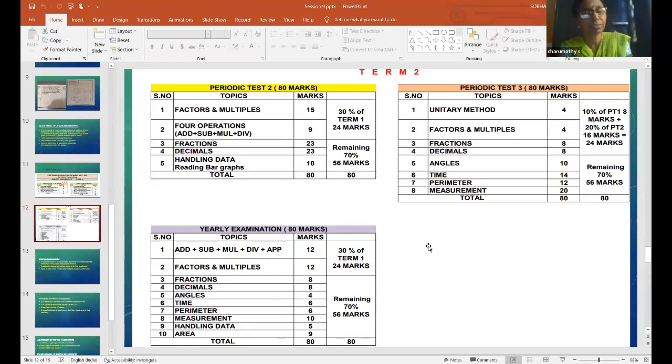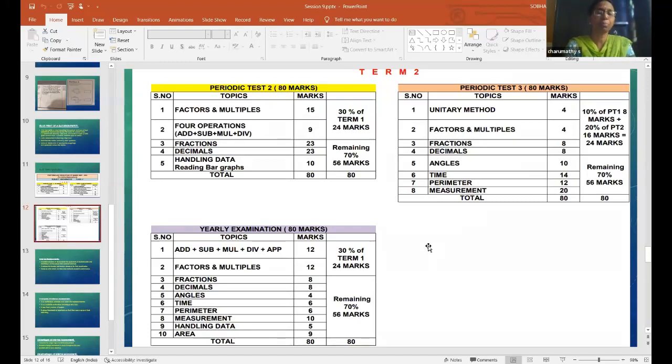In term 1 there are topics which are not only addition, subtraction, factors and multiples. We select the topics that are very important for the child to know, so that she can cope up in the next higher class.